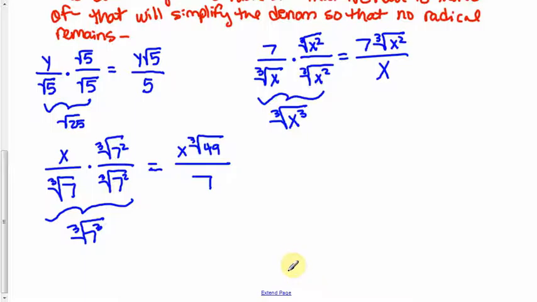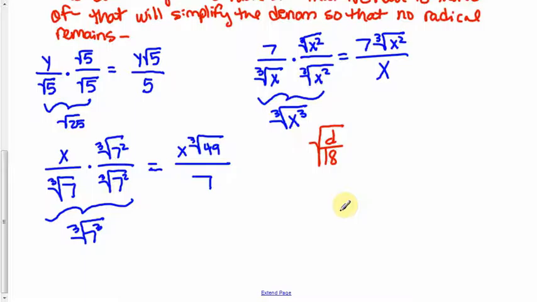Okay, let's look at one that maybe isn't quite so simple, something a little more complex. If we have the square root of d over 18, there's a couple of ways you can do this problem.